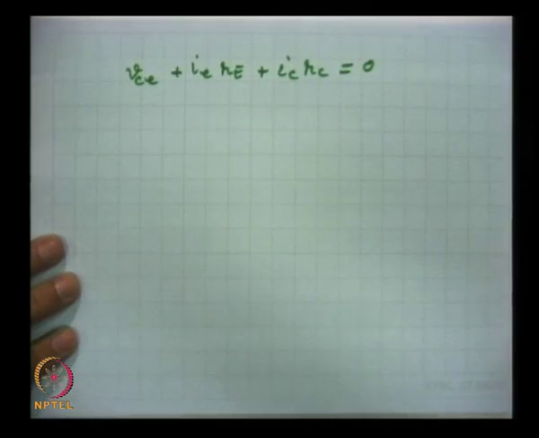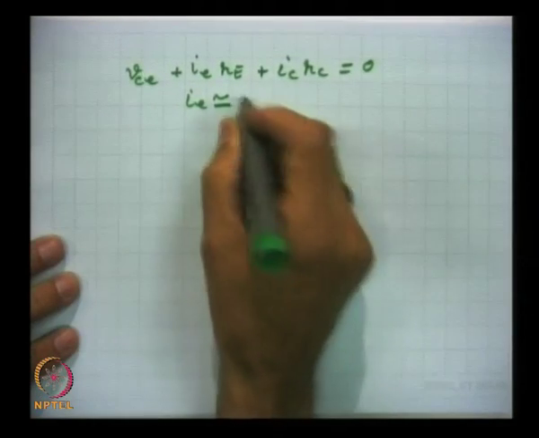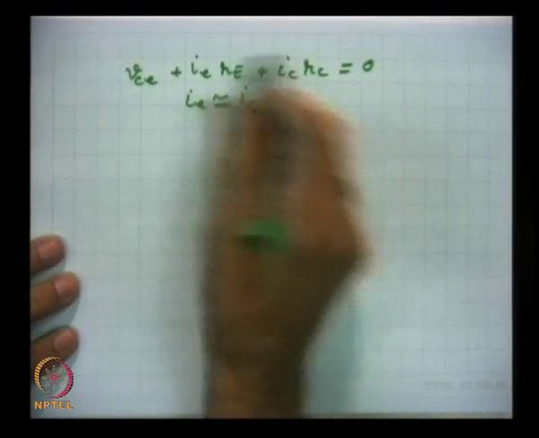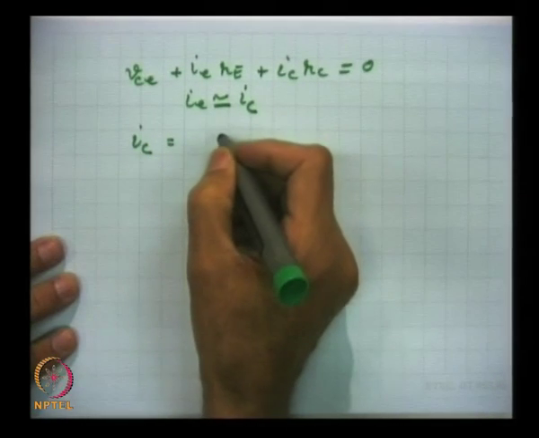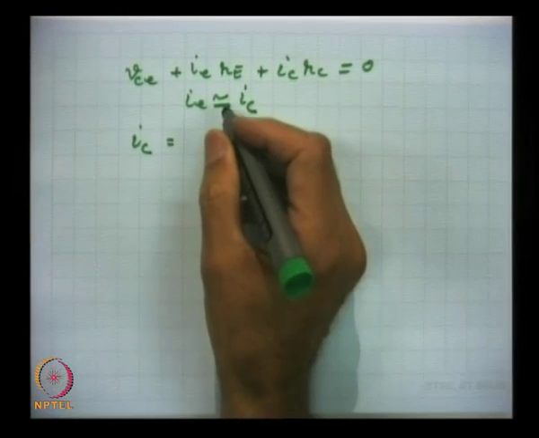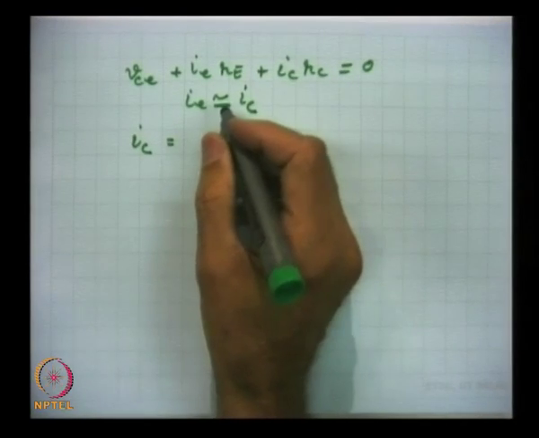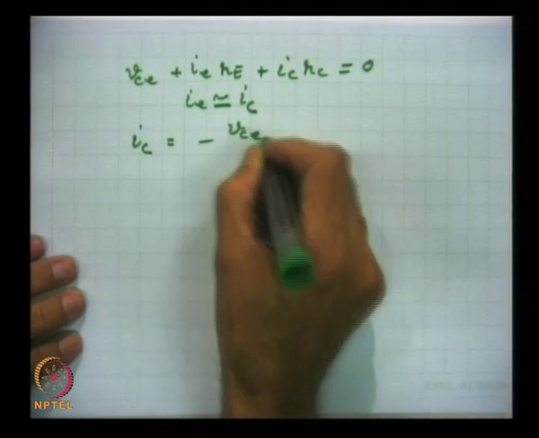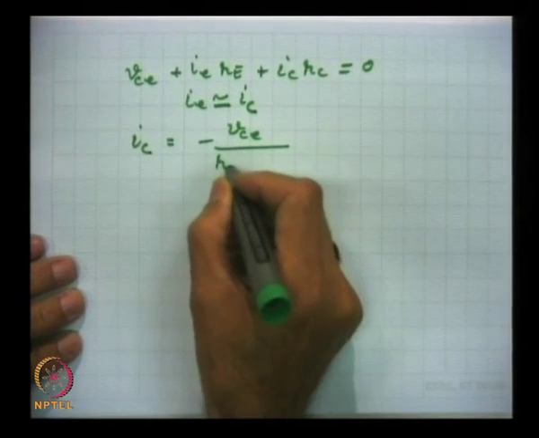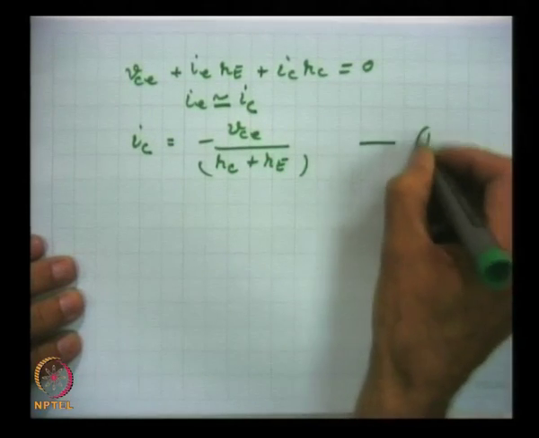And you will remember from our discussion on the bipolar transistor that IE is almost equal to IC. So, using that, we can get the expression for IC as minus VCE by RC plus RE. Let us call this equation 1.